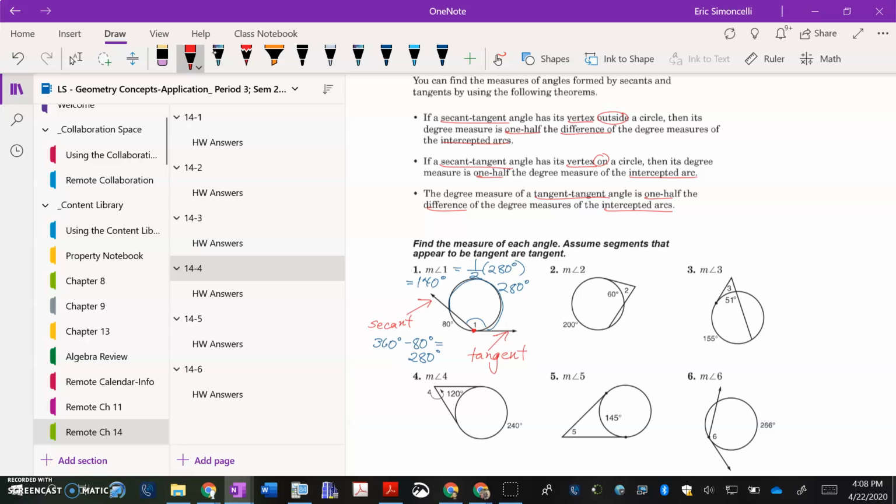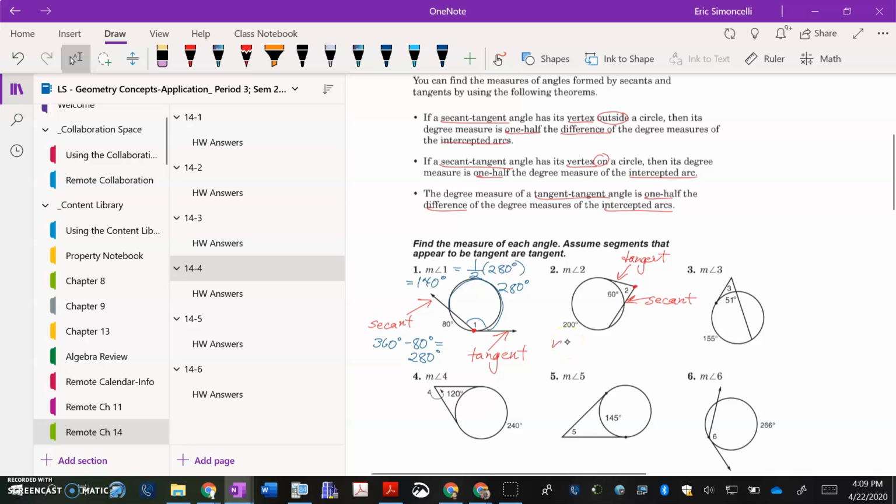Okay, so number 2. It appears here that we've got yet another situation of which we've got a tangent and a secant. But in this instance, our vertex just so happens to be outside the circle. So this is technically bullet 1 or theorem 1 from up above. And again, because this is the case, the angle will be half the difference between the intercepted arcs.